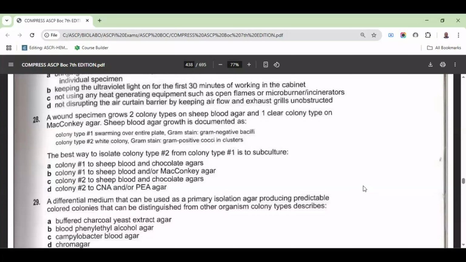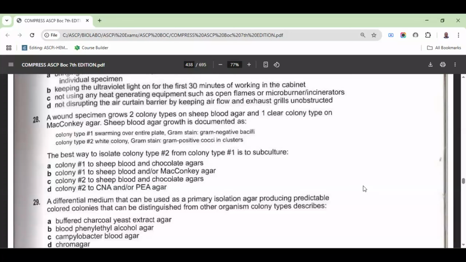So it means you are going to choose PEA for gram-positive? Yes. And CNA for gram-positive? Yeah. Why don't you choose SBA and sheep and the MacConkey agar for colony 1?